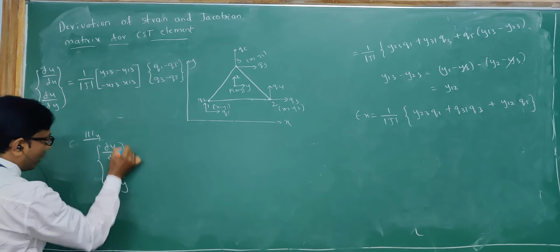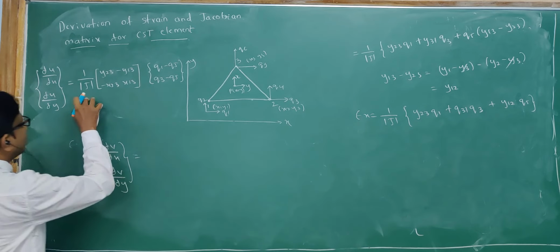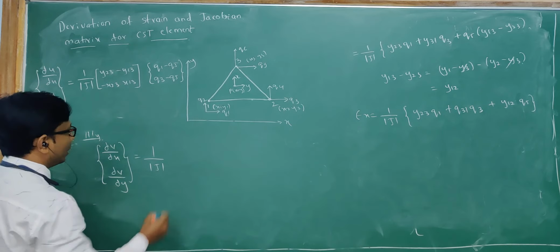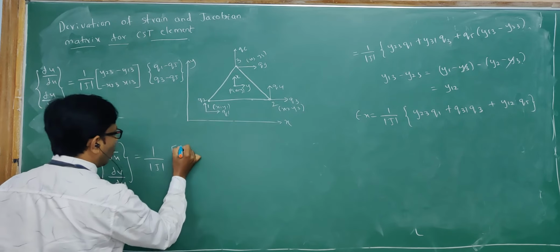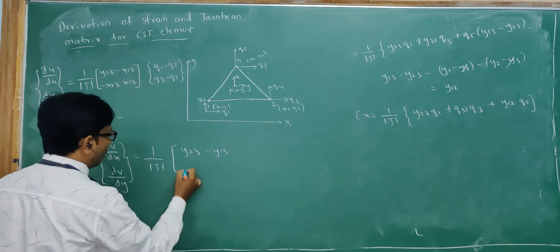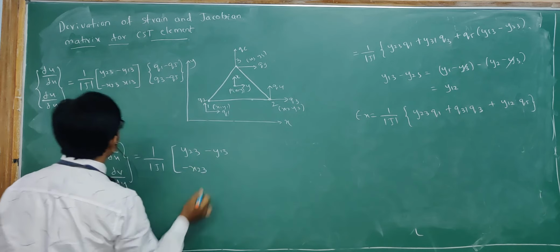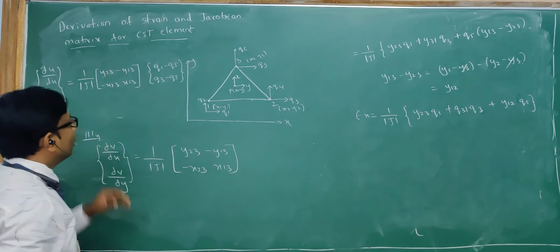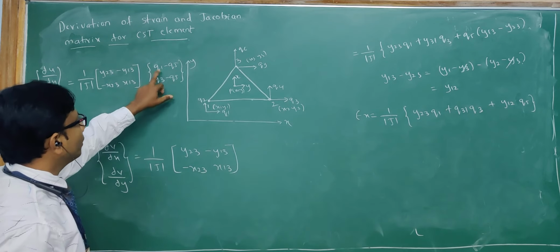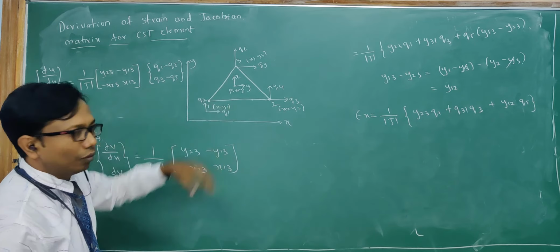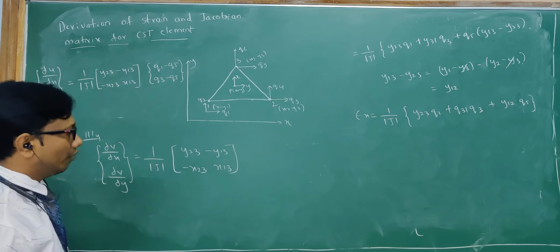So what you will get up here, same thing, you will be ending up with 1 upon determinant j into y23 minus y13 minus x23 into x13, but here we have taken q1 q5. When you solve it, you got q1 q5.